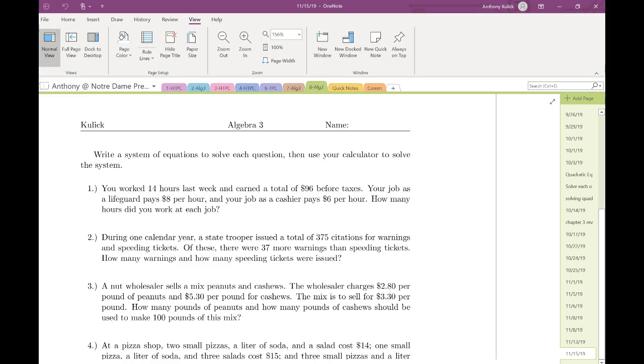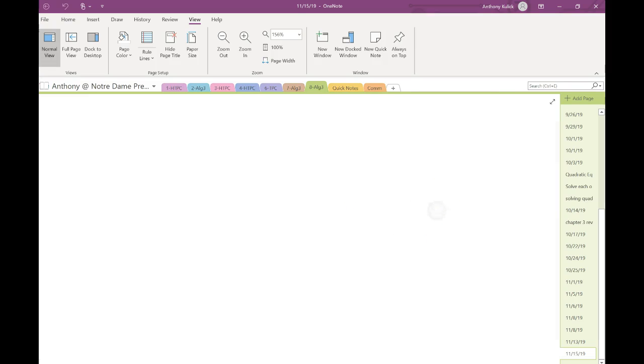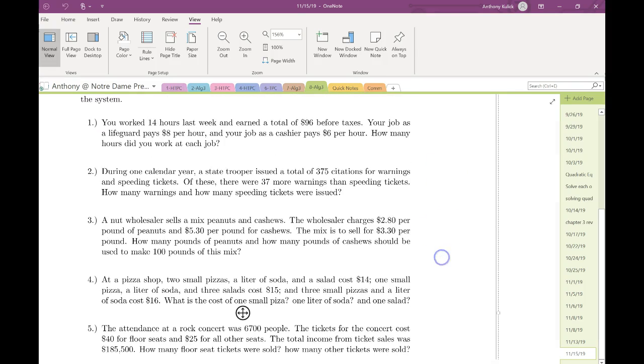All right. So the place I really am most concerned with on these is your ability to write the equations that you need to solve your system. The solving the system part shouldn't be too bad.